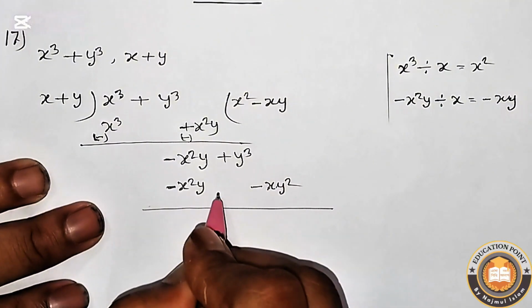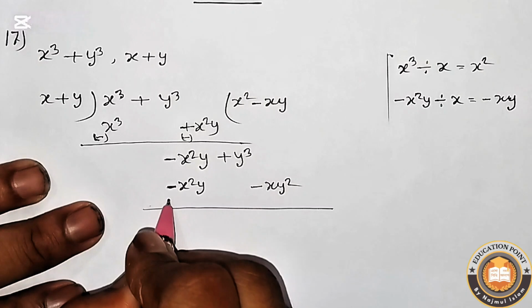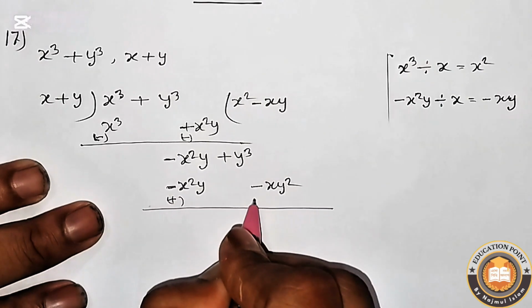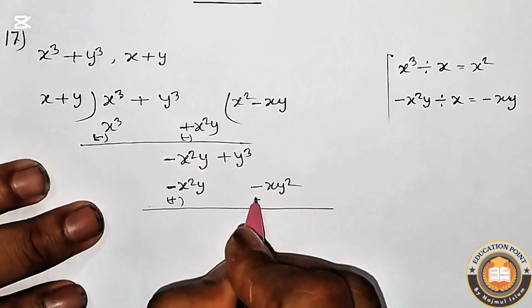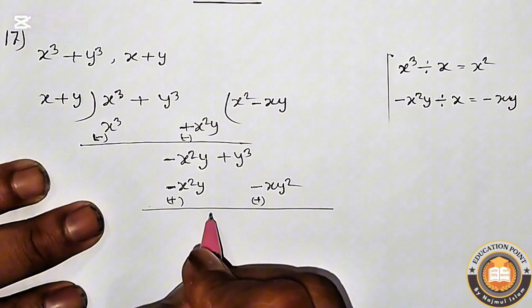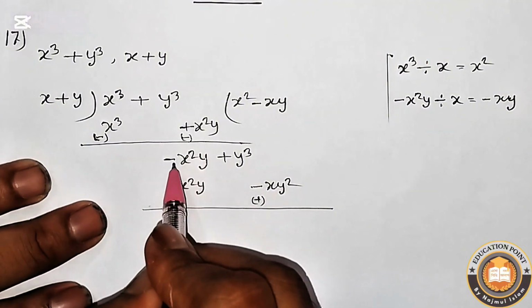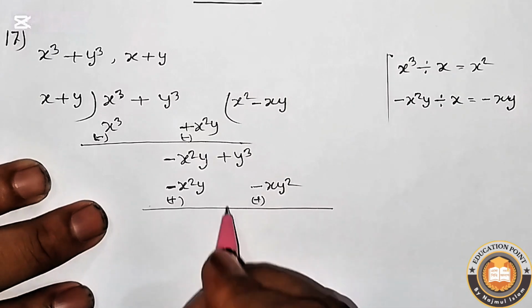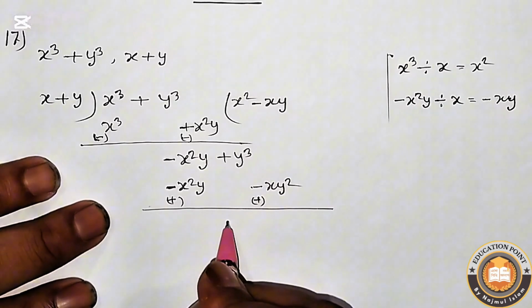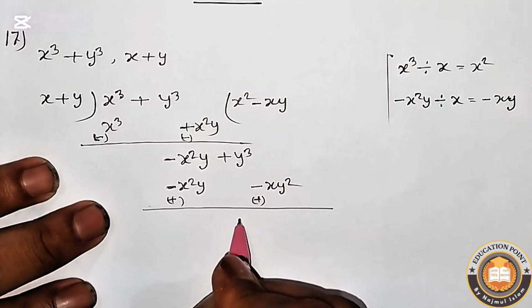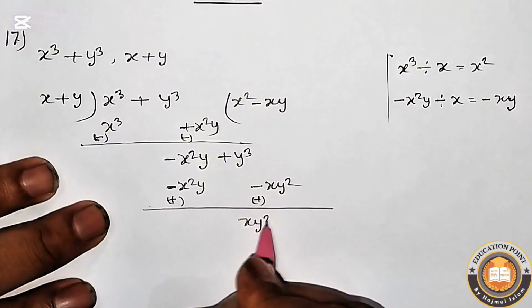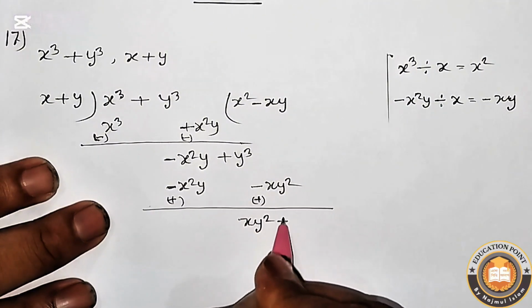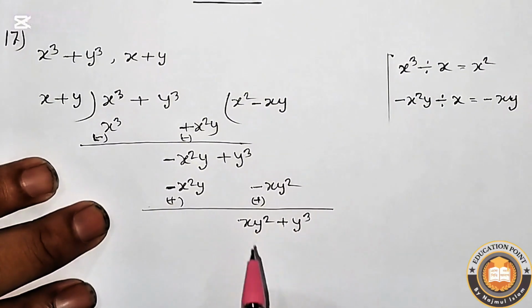According to the division law, the symbol will be changed. Minus x square y plus x square y equals 0. Then we can write xy square plus y cube.